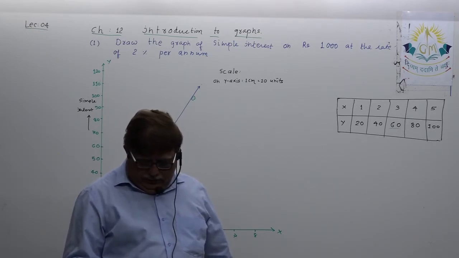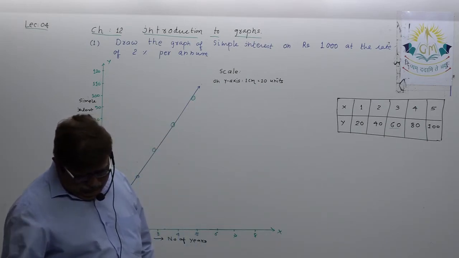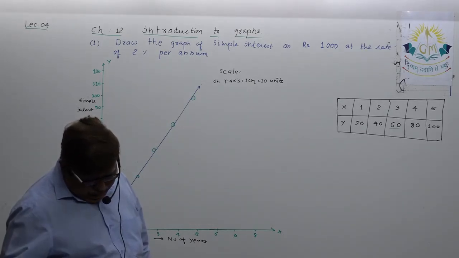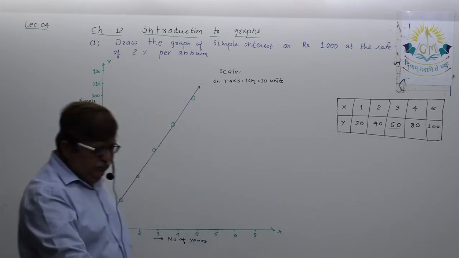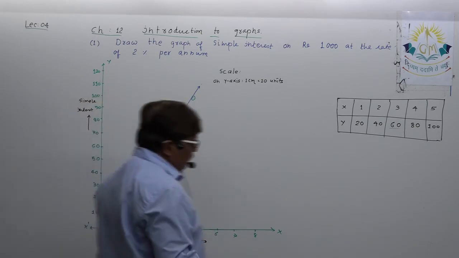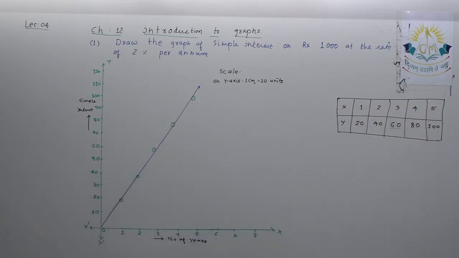Now let us take another graph of a little different type. Okay, let us take it. First, you just draw it, right? And then we move for another graph.